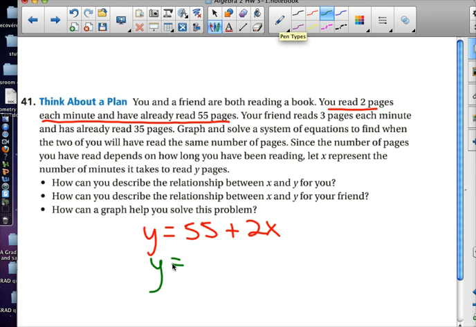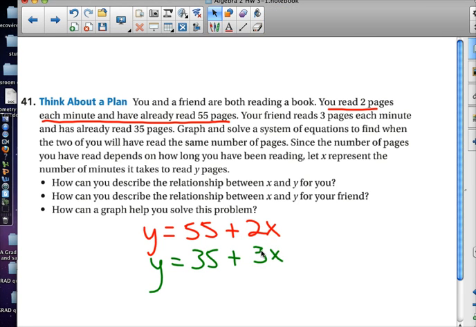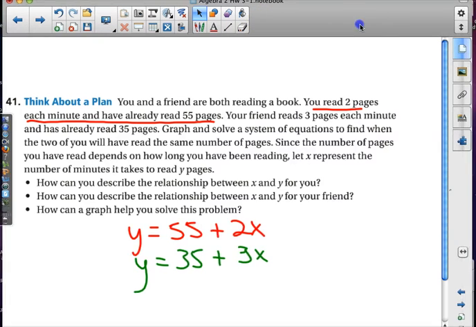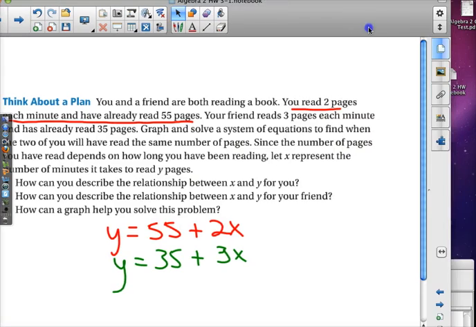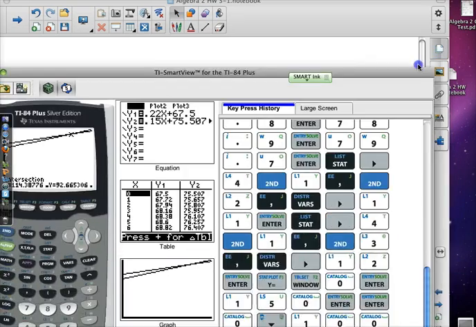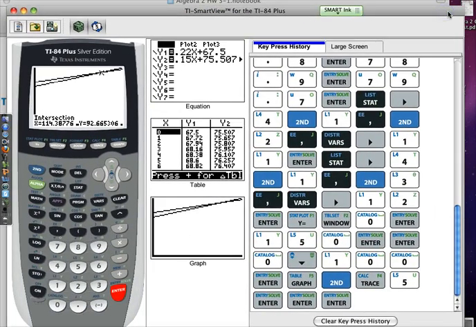And your friend has already read 35 pages. They're going to continue to read. Apparently they read a little faster, 3 pages per minute. And then, again, what we want to do with this is grab a calculator and find that intersection. So probably the most challenging part of that is just getting your window to be correct.